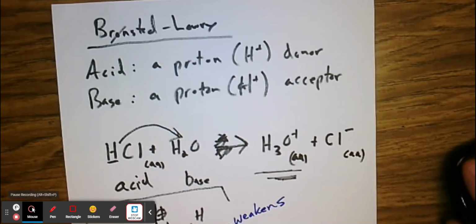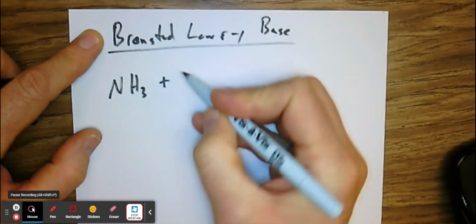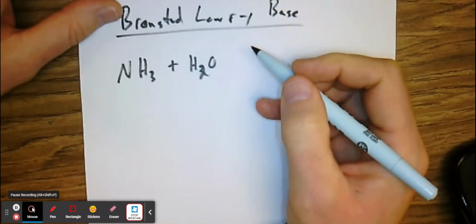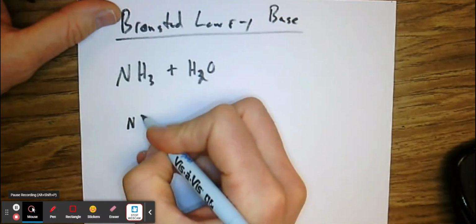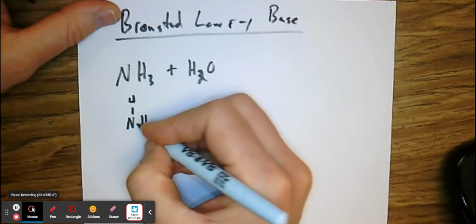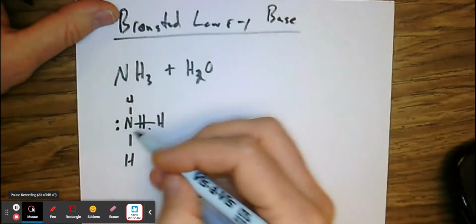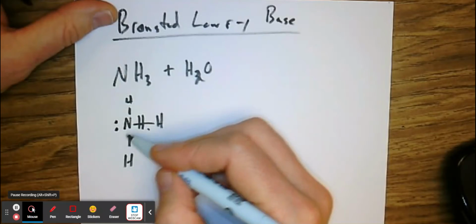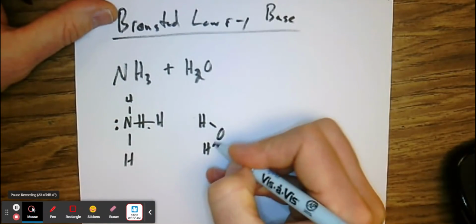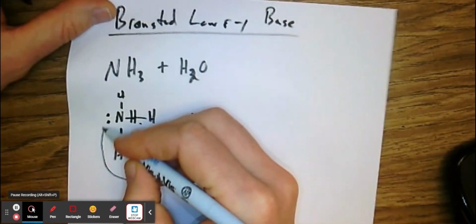Now, here is a weak base, NH3, and if we put that with water, what's it going to do? Well, we know that NH3 looks like this, and it's got that trigonal pyramidal shape with a lone pair there. And that lone pair with water is going to attract a hydrogen.